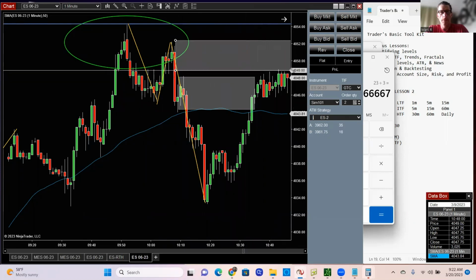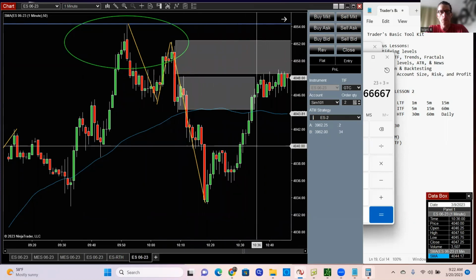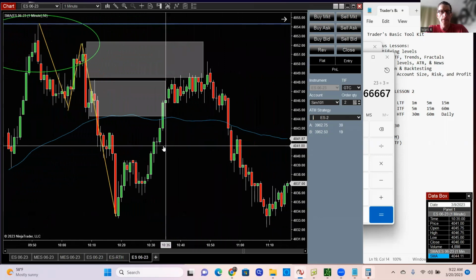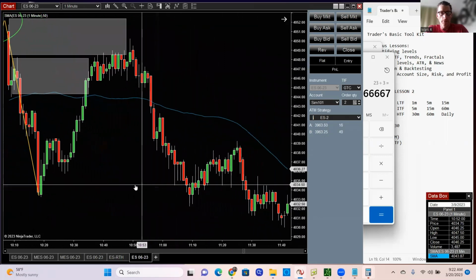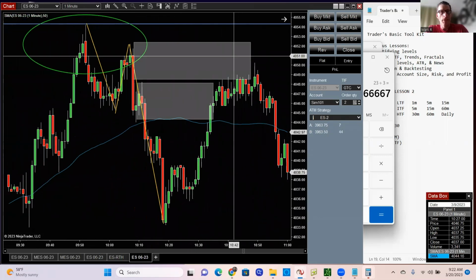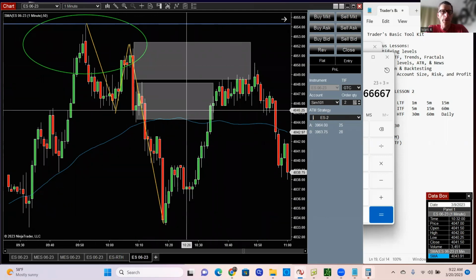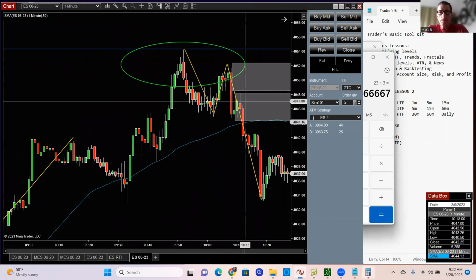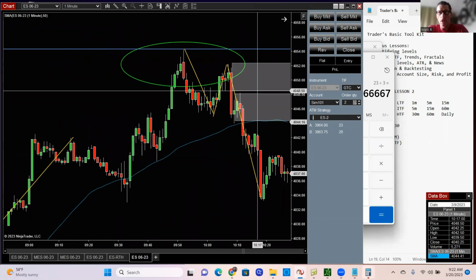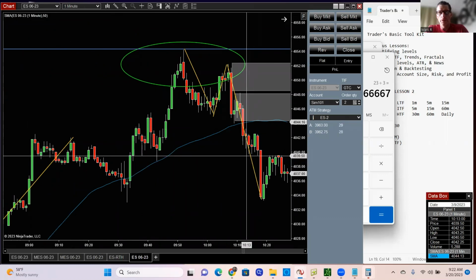Now, if you're taking it wick to wick, you get the whole thing. It sent it pretty far down, far enough for you to get a 3 to 1, let's put it that way. If you were in on this proximal line, 48.50, you easily got the 38.50 or 39.50.